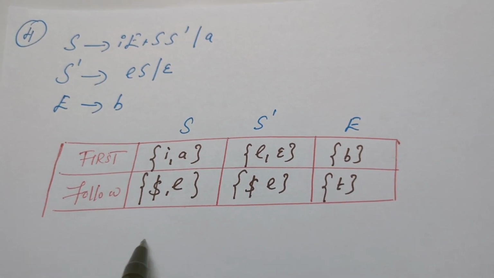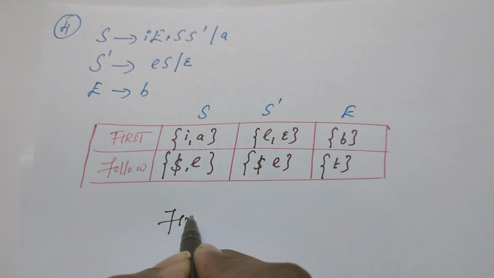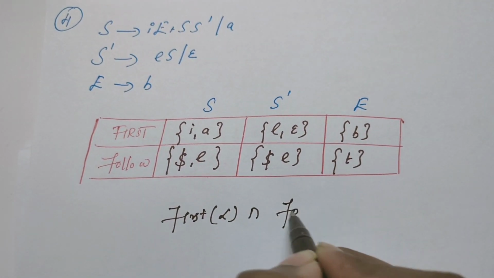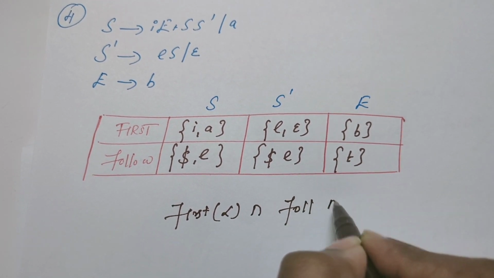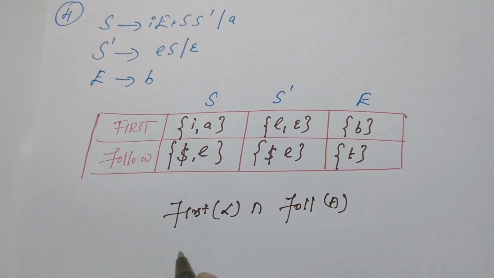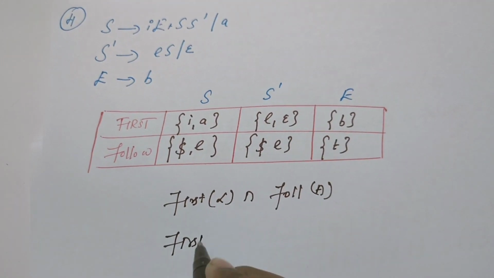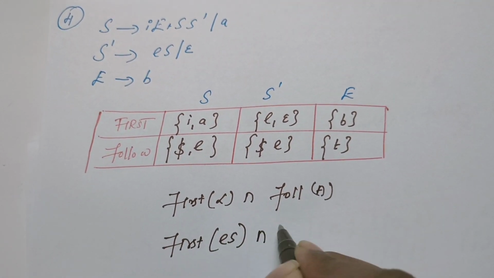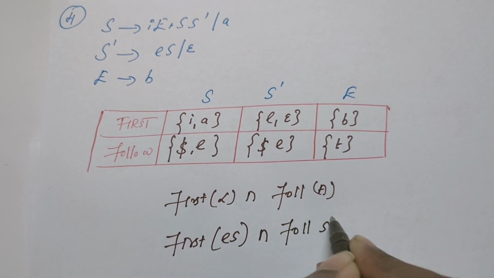But when you find first of alpha intersection follow of A, if I apply as per this, first of ES means first of S dash intersection follow of S dash.